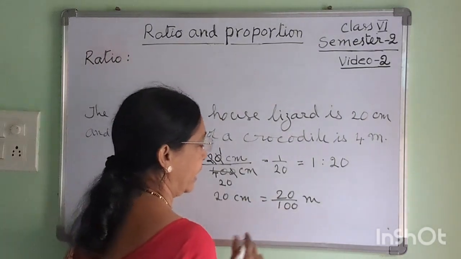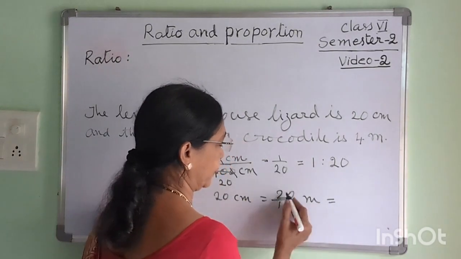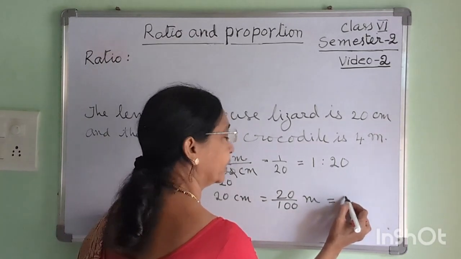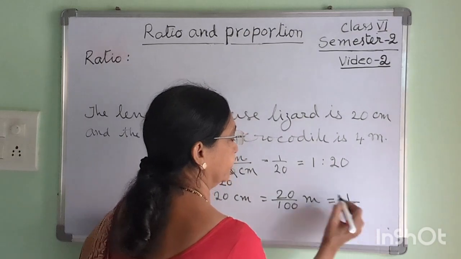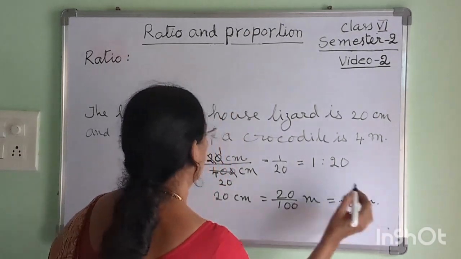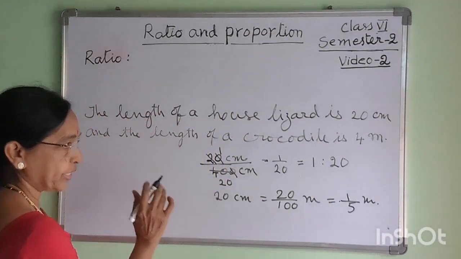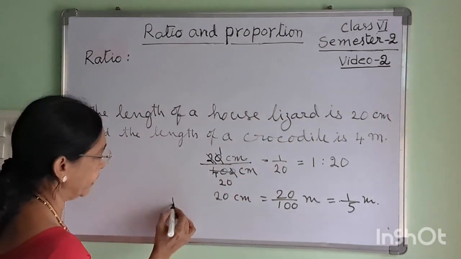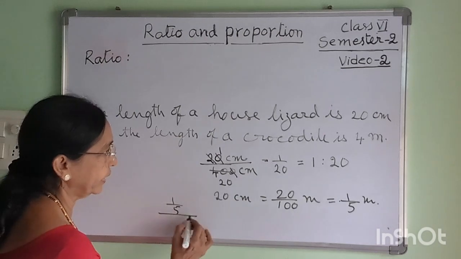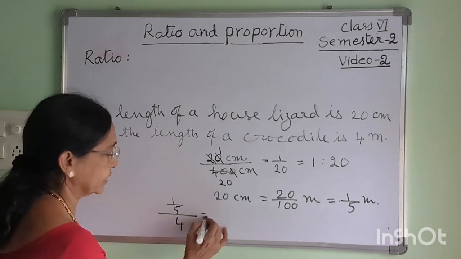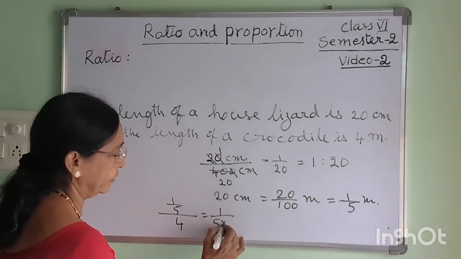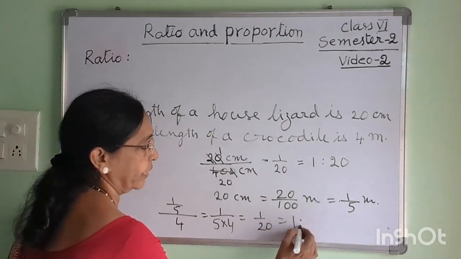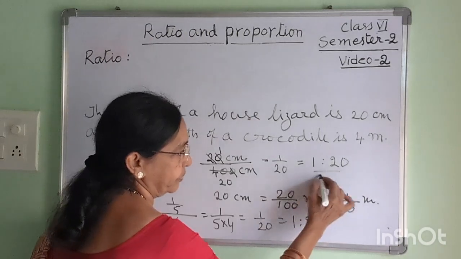Therefore, 20 by 100 meters, that is equal to 2 by 10 or 1 by 5 meter. So, the ratio of the length of the lizard to that of the crocodile is 1 by 5 divided by 4. That is equal to 1 by 5 into 4, which is 1 by 20, or 1 is to 20. We got the same ratio.